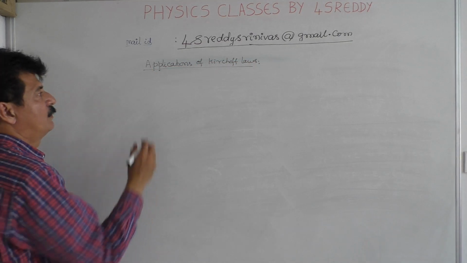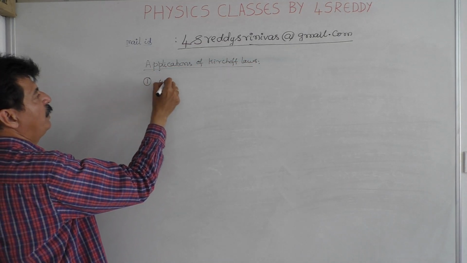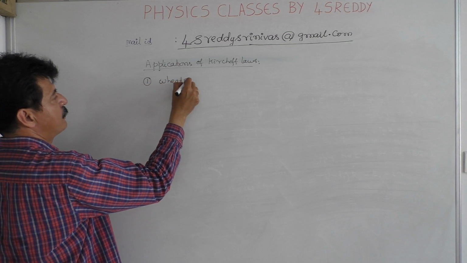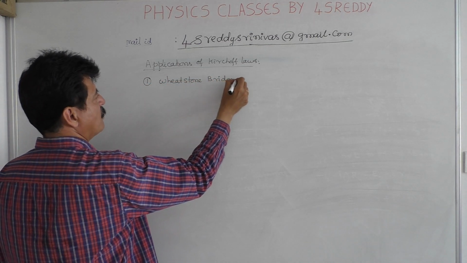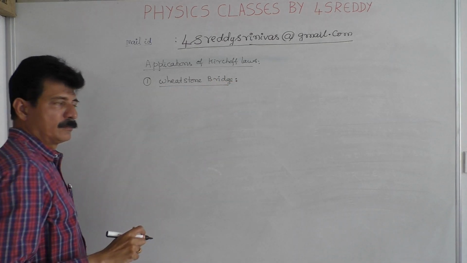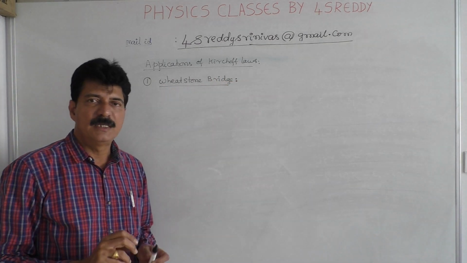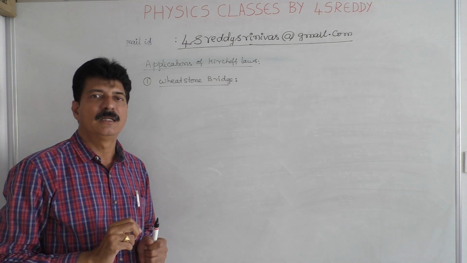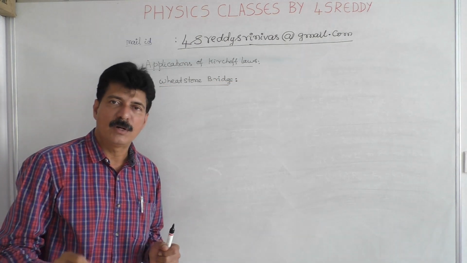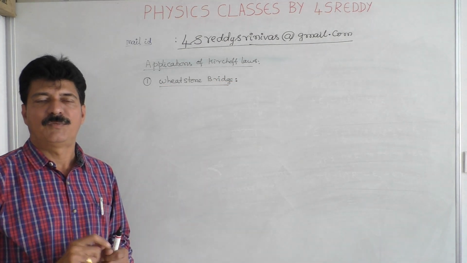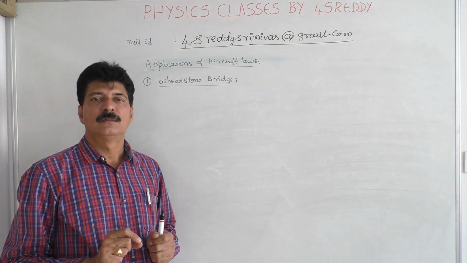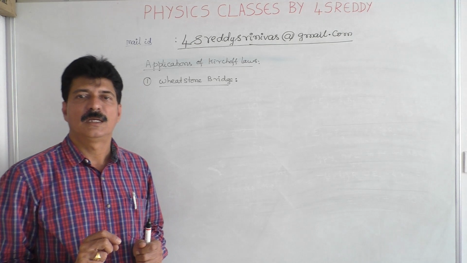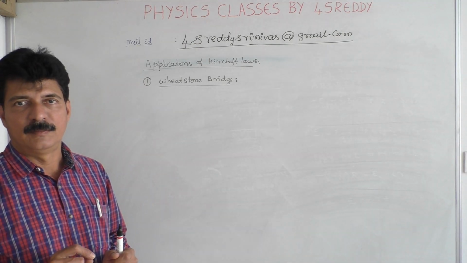In that, the first one is the Wheatstone bridge. This Wheatstone bridge is basically used to determine the unknown resistance of a given conductor, or to compare the resistances of the given two conductors.